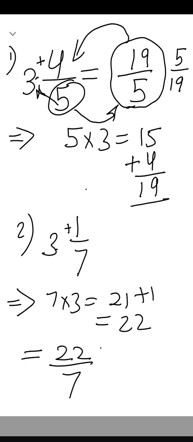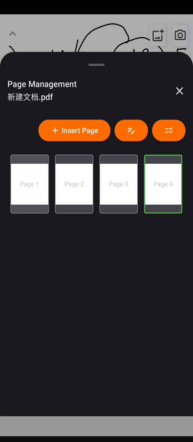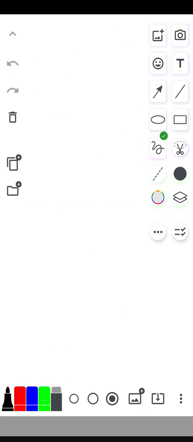So now I will tell you how we can convert an improper fraction into mixed form. Let's check that. Taking one more new page. So I give you one example. Suppose I have 25 upon 4. Please identify what kind of fraction this is.